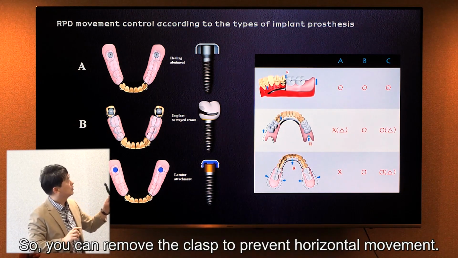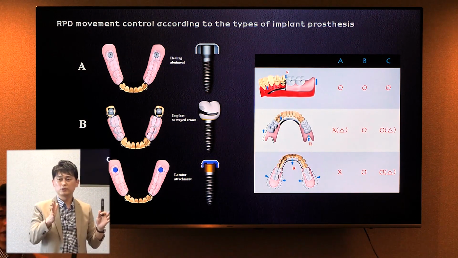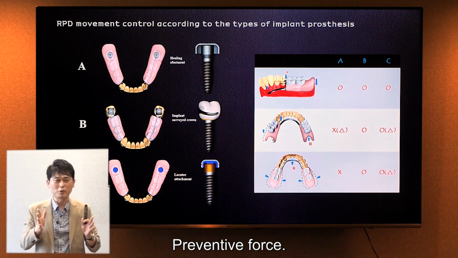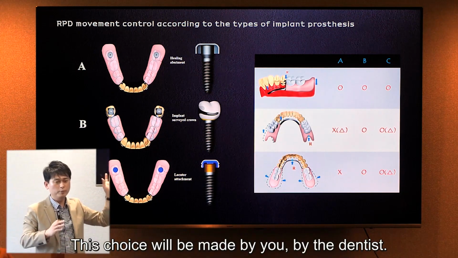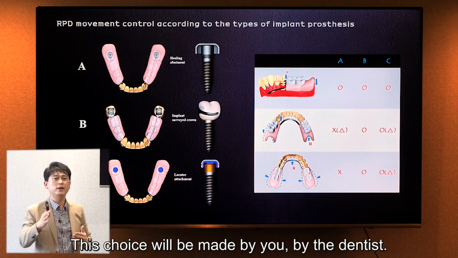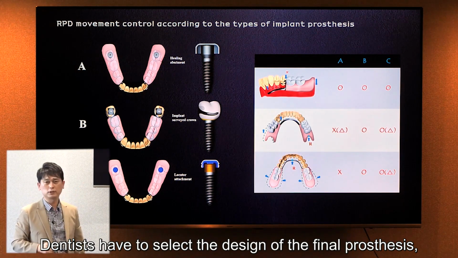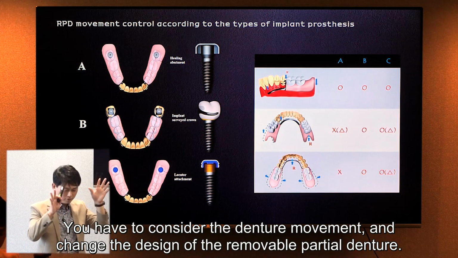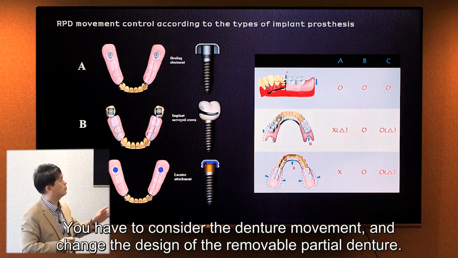So you can remove the clasp to prevent horizontal movement, the preventive force. Anyway, this choice will be made by you, the dentist. Dentists have to select the design of the final prosthesis, not the dental technician, not your assistant. You have to consider the denture movement and then change the design of the removable partial denture.